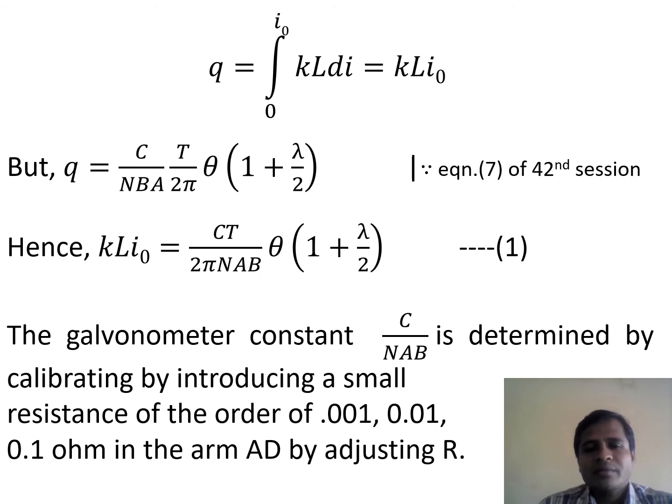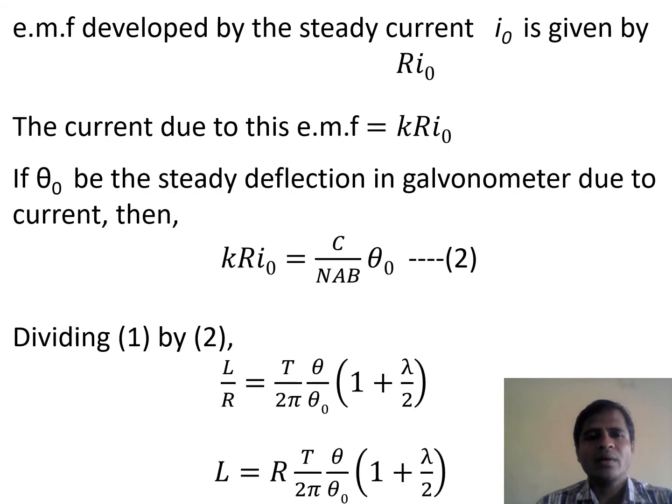In this equation, the term C upon NAB is the galvanometer constant, and it can be determined by calibrating by introducing small resistances of the order of 0.001, 0.01 and 0.1 ohm in the arm AD of the circuit by adjusting the values of R. From Ohm's law, the EMF developed by the steady current I naught can be written as R into I naught, and then the current due to this EMF is equal to K into R into I naught.